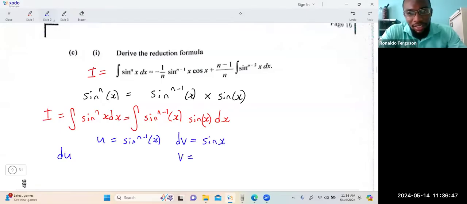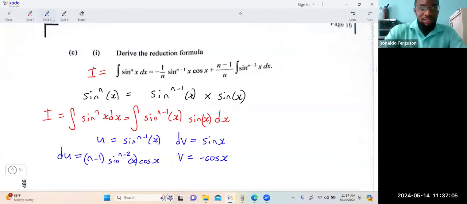So in this case, the integral of sine is negative cos x, and the derivative of sine to the n minus 1x is: carry on the power n minus 1, subtract 1 from the power, n minus 2, and you multiply by the derivative of sine x, which is cos.